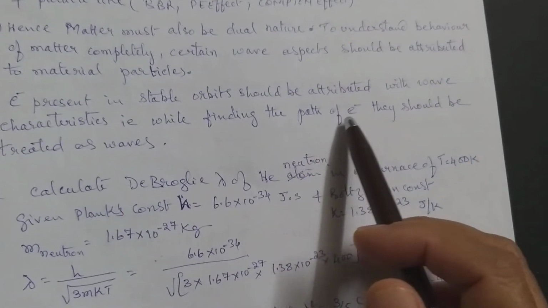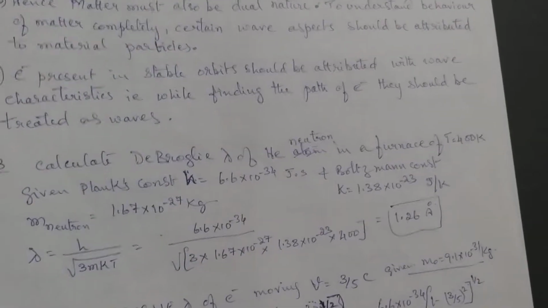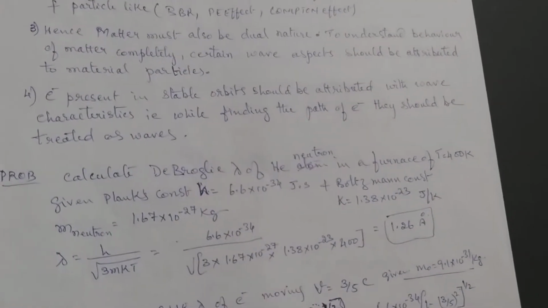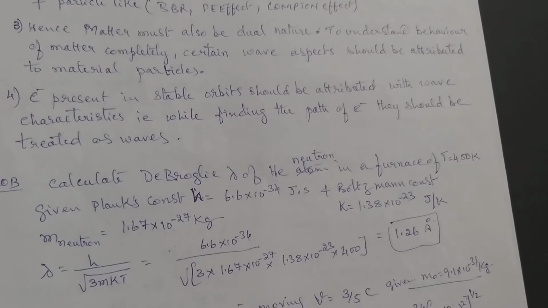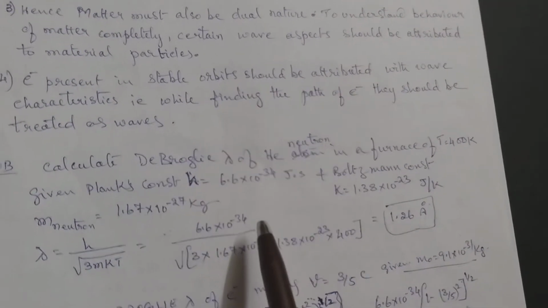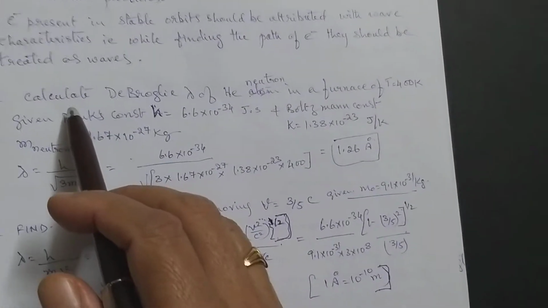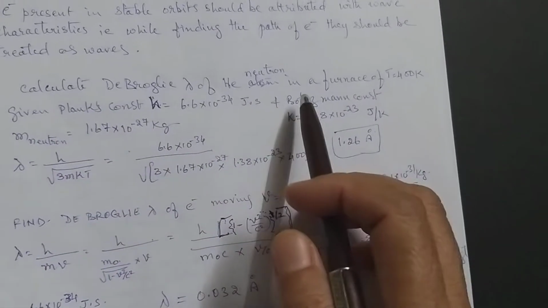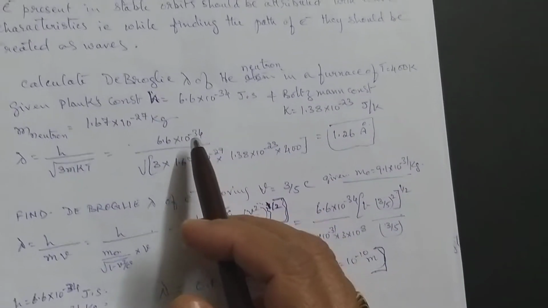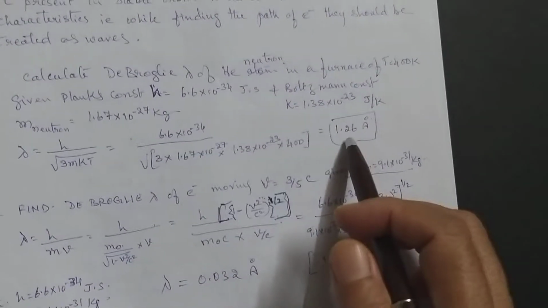While finding the path of the electron, it should be treated as a wave. They are revolving in an orbit, but it should actually be equivalent to a wave of wavelength lambda which is propagating in that region. So these calculations show how we can assign a wavelength and what the possible values may be.